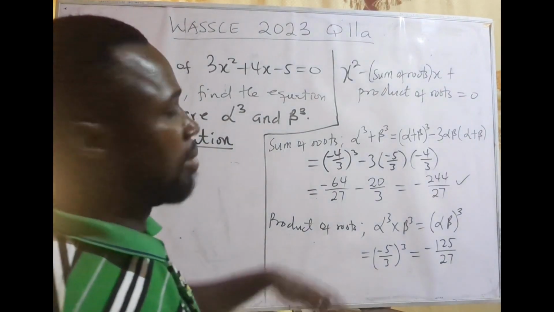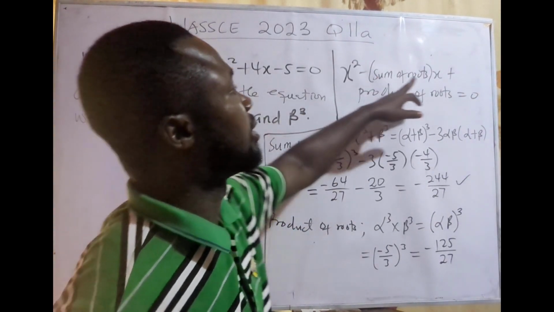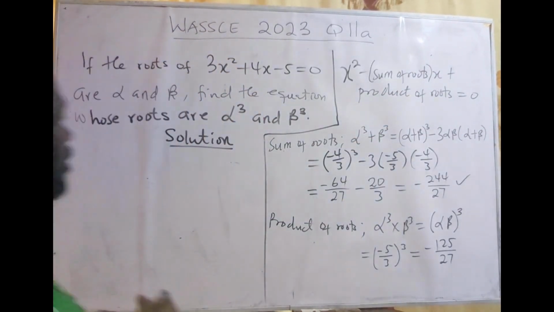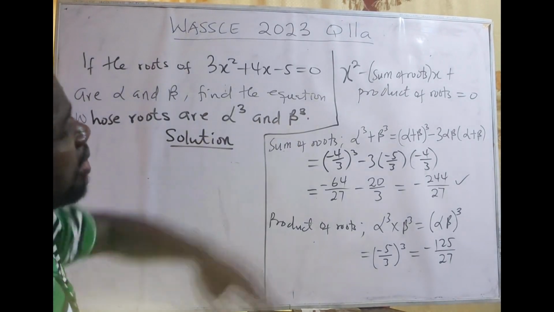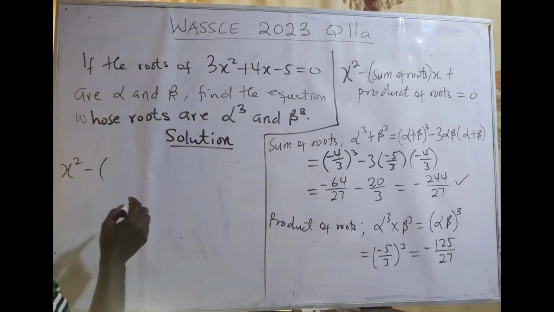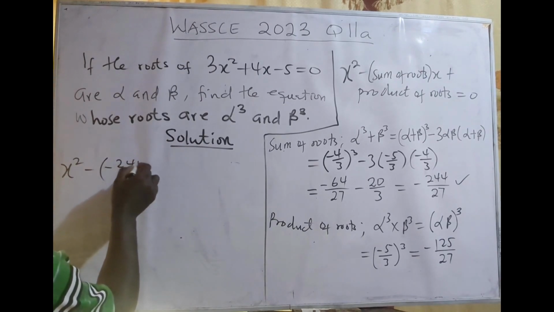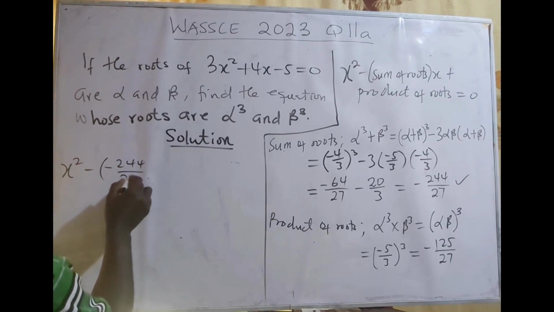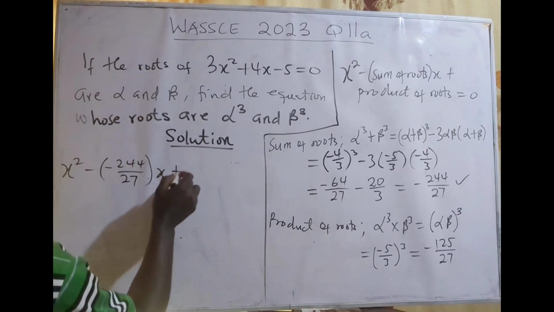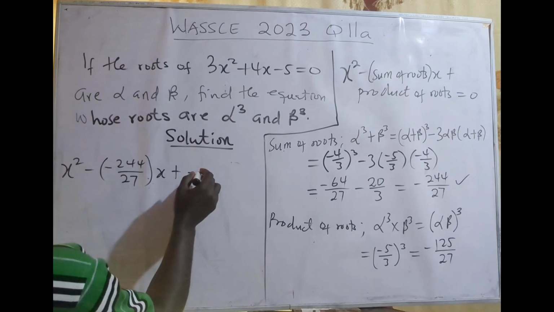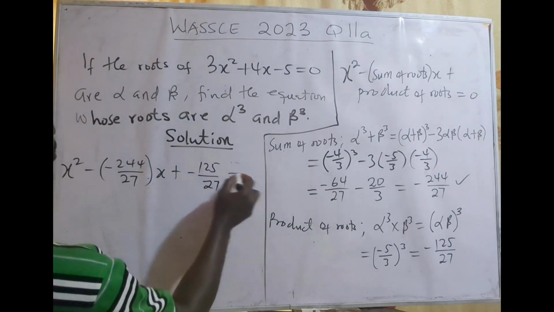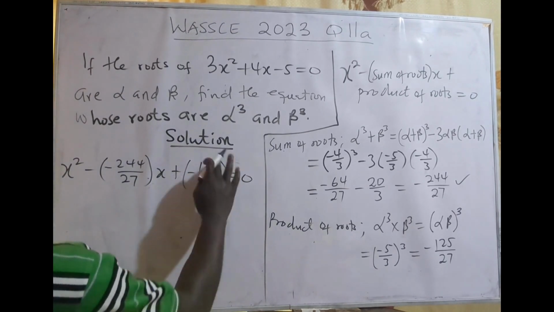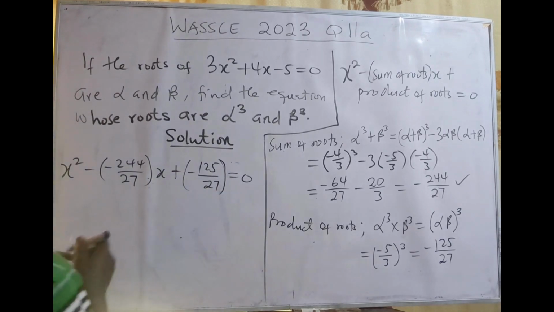So we know that our equation is x squared minus sum of roots times x plus product of roots equal to 0. So my new equation for alpha cube and beta cube will be x squared minus, what is the sum? Minus 244 over 27 multiplied by x. What is the product? Minus 125 also on 27. That will be equal to 0.